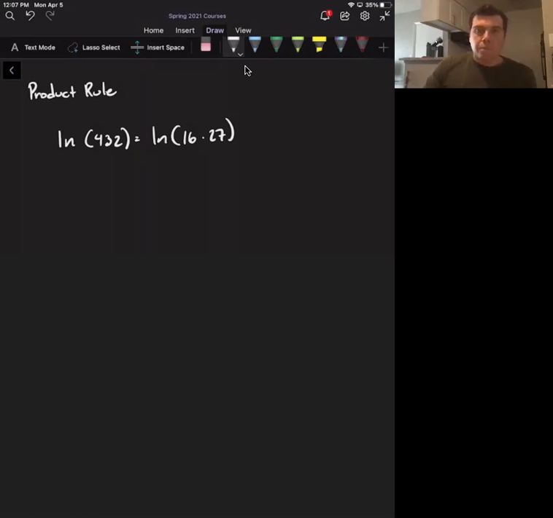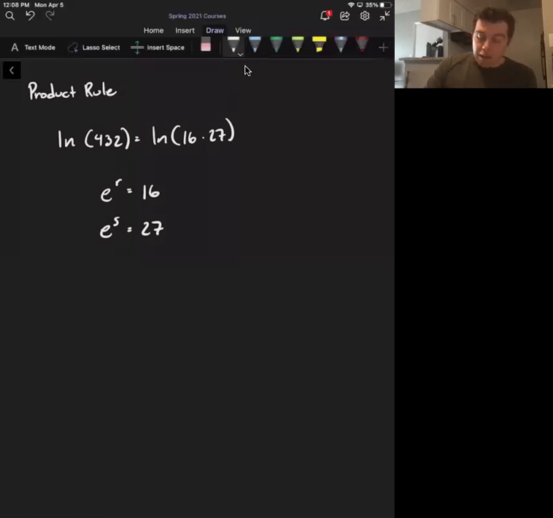So the first thing we want to do is rewrite 16 and 27 with the base of the logarithm that we have. That is, we'll write it as e to the r equals 16, and e to the s equals 27. We don't know exactly what r and s are yet, except we're just going to say that they're the numbers that satisfy this equation.